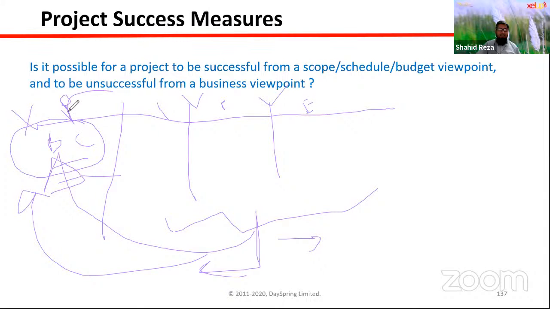You need to check and balance whether the business case is still appropriate or not. If not, then you have to update your business case, or maybe in the worst case scenario, you have to stop the project because there is no way you are going to achieve the value from the business case.